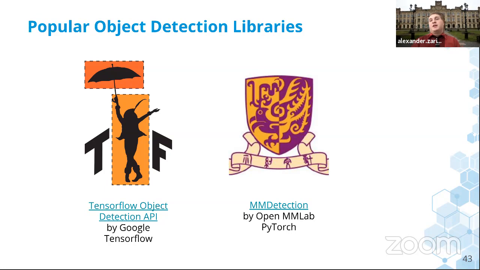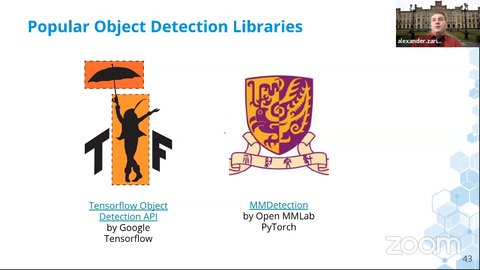So nowadays, MMDetection is the biggest object detection library, which contains all the cool stuff we can find for object detection, including all these ideas which I talked to you about.